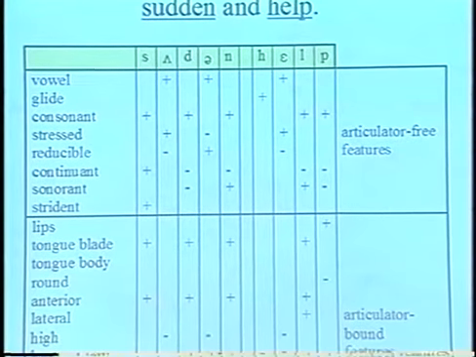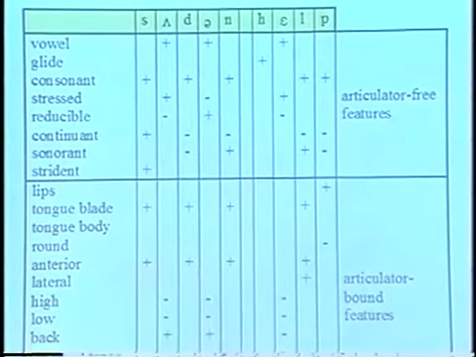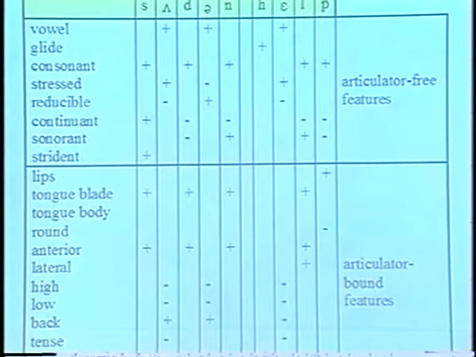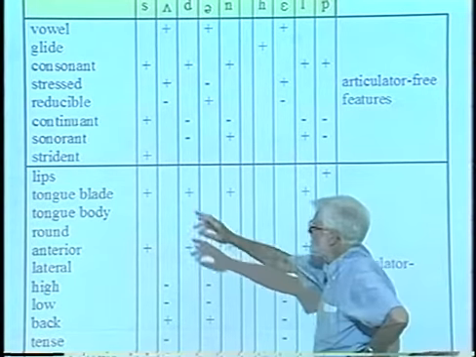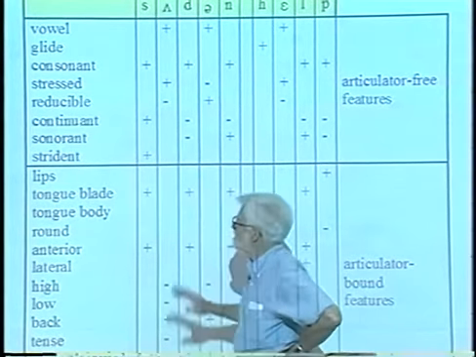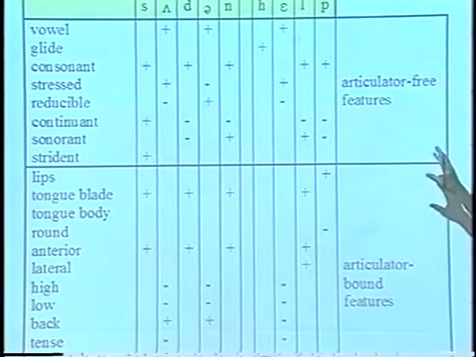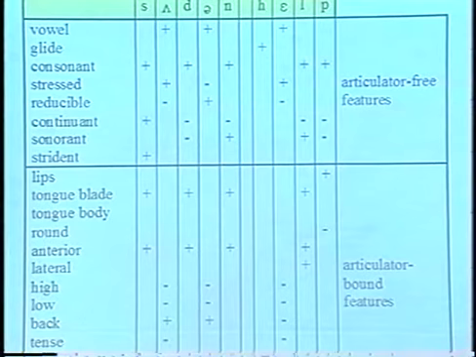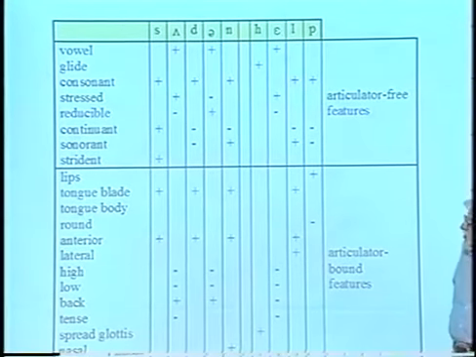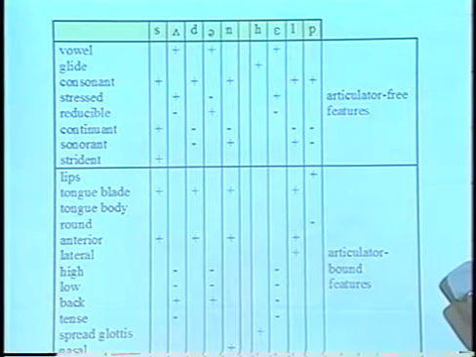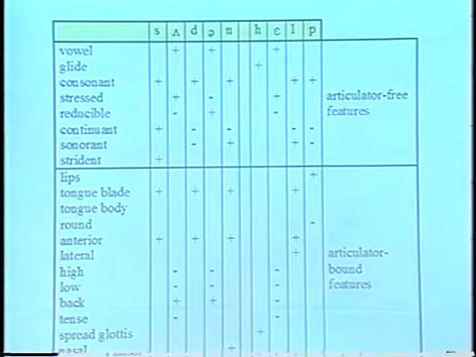And these features are divided into two groups. For the moment, I'm going to leave out this reducible and stressed. I'll discuss those maybe later. But the upper group of features we call articulator-free features. The lower ones, articulator-bound features. The articulator-free features are sometimes called manner features. They are things like it's a vowel, or it's a glide, or a consonant.